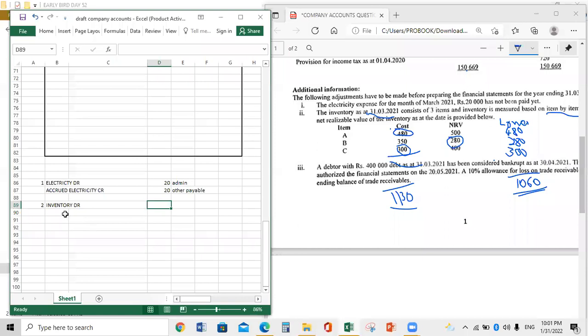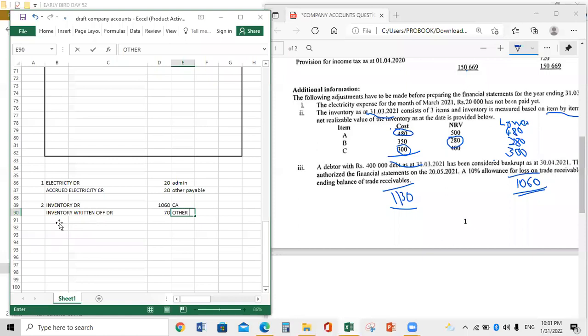And then the inventory written off. Inventory written off is 70. You should debit it. Where does this go? Other expense. Now guys, where do you record the closing stock?